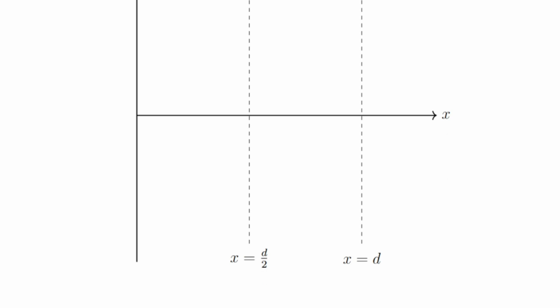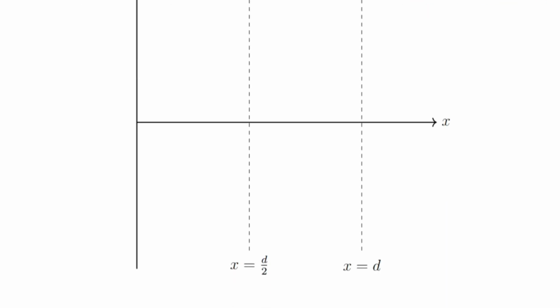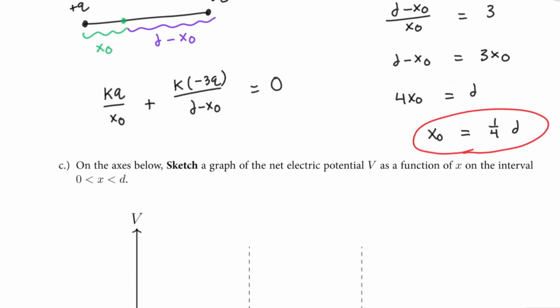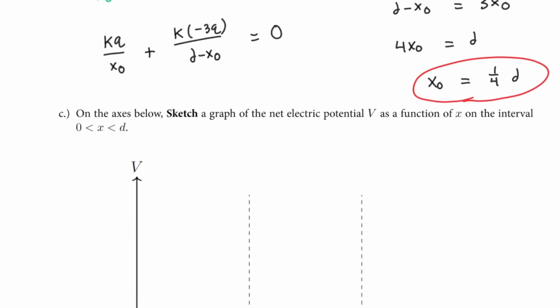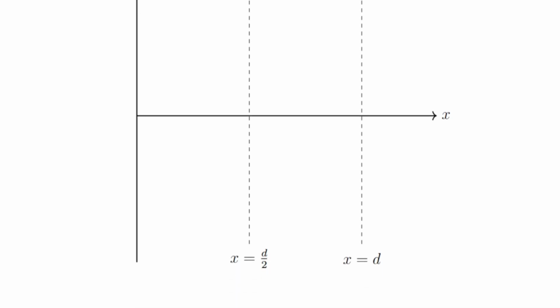So the points that are identified are the midpoint and the interval ends. So we know that it is going to be an infinite positive spike at x equals 0, because that's where the positive is, and an infinite negative spike at x equals d, because that's where the negative charge is. We also solved this previous part and said that exactly at 1/4 d is where the sign change happens.